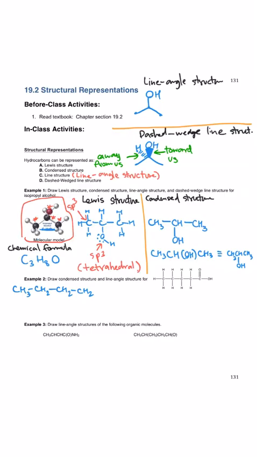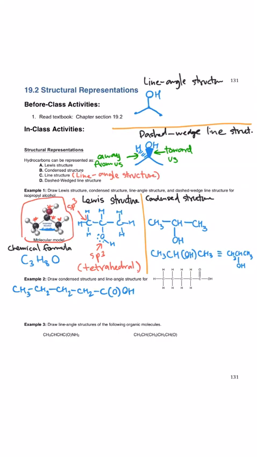In order to write this out, you can do C, and because the carbon is connected to the double bond oxygen, you can represent this with parentheses. The parentheses represent that this oxygen is directly connected to the carbon, and the other one is an OH group that is separate from this oxygen but still connected to the carbon, so you still write OH at the end. The parentheses just tell us that it's separate from this OH but is connected directly to this carbon. So that's one way to write out the condensed structure.